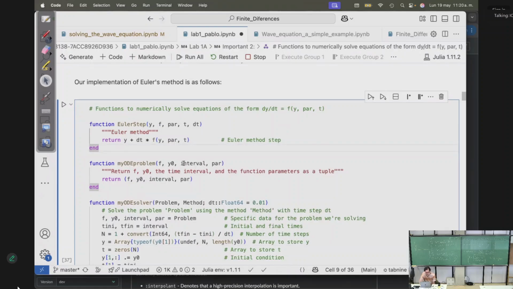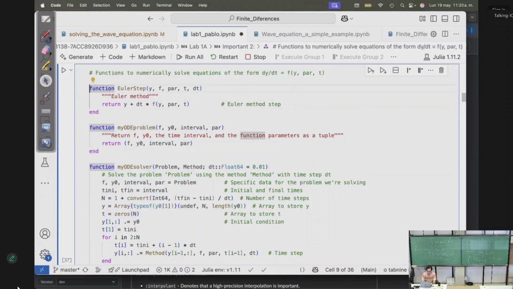This is supposed to be a simulation of how the differential equation package works. The idea in this part is that you just define the step of the method that you want to use and insert it here, and this will take care of all the evolution. In this case, I have defined the function Euler step that does a single Euler step. It takes y and applies y plus dt times f.